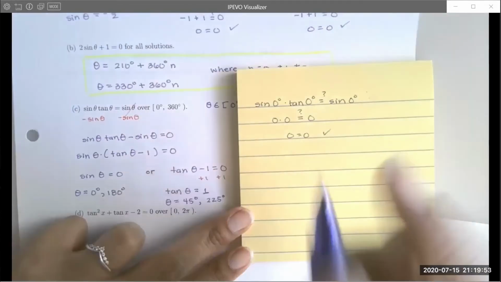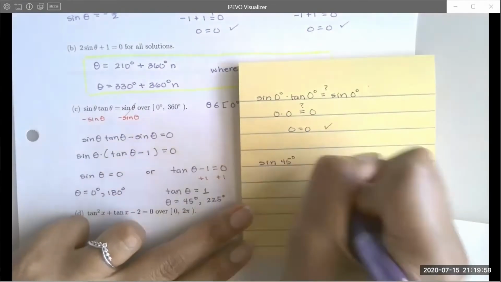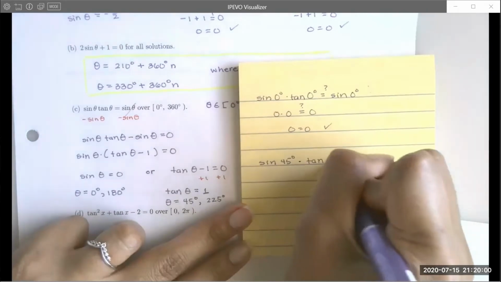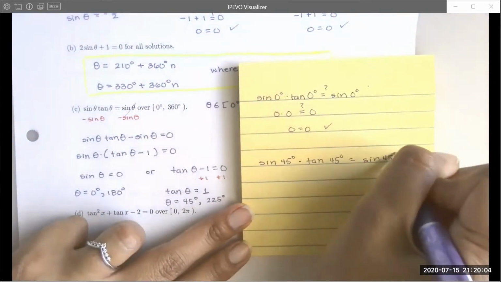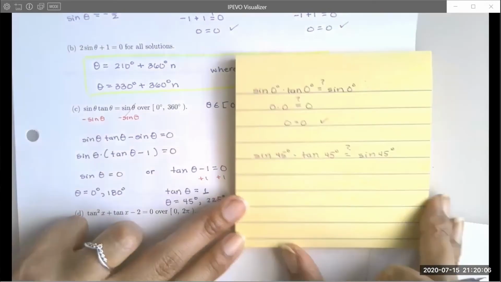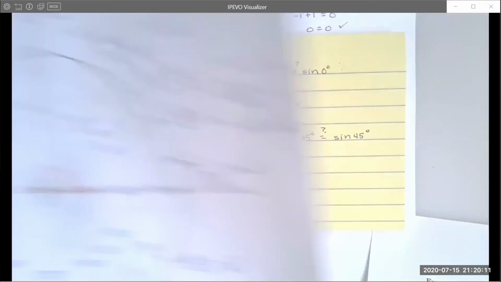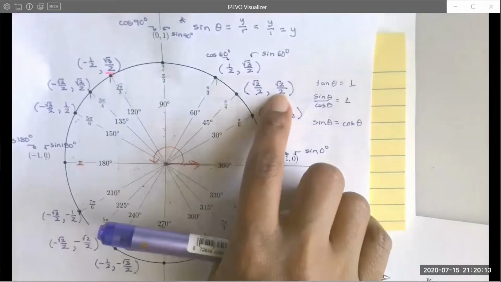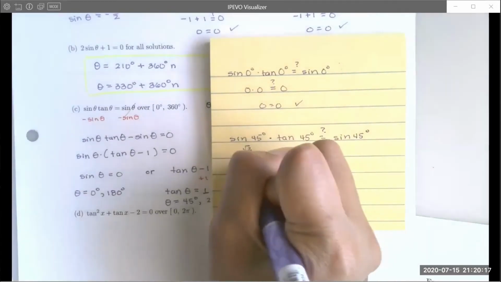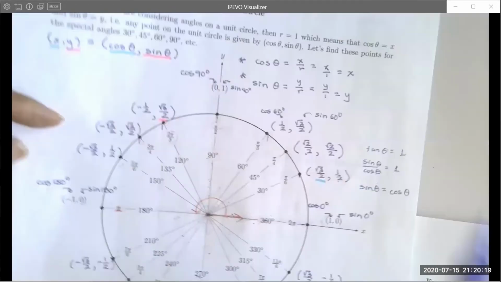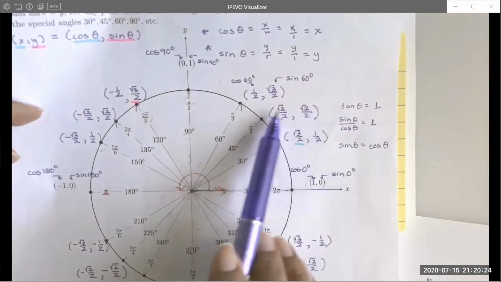Next one would be 45. Is it true that sine of 45 degrees times tangent of 45 degrees is equal to sine of 45 degrees? Well, let's see. Sine of 45 degrees, okay, here's 45. Sine would be the y coordinate, so we would have radical 2 over 2 times tangent of 45 degrees, that would be sine over cosine.